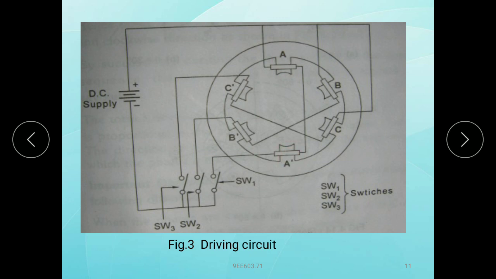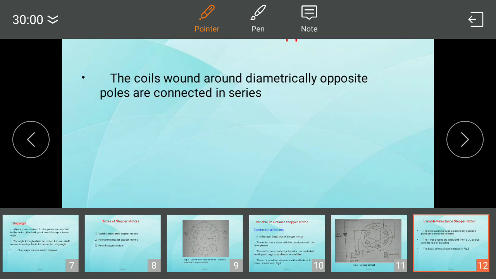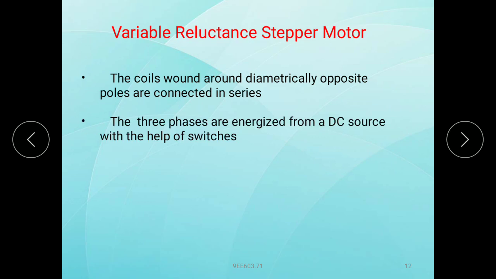The 3 phases are energized from a DC source with the help of switches. The basic driving circuit is shown in figure 3.